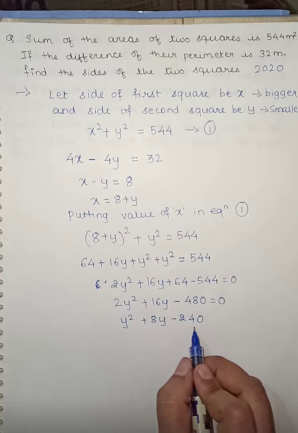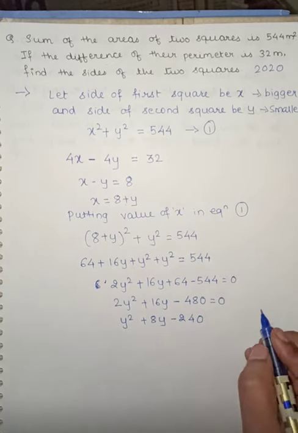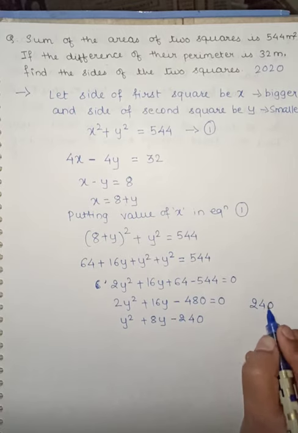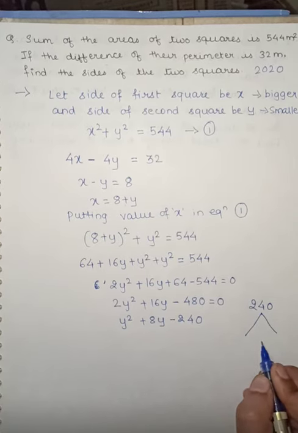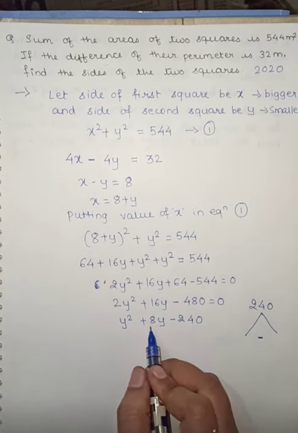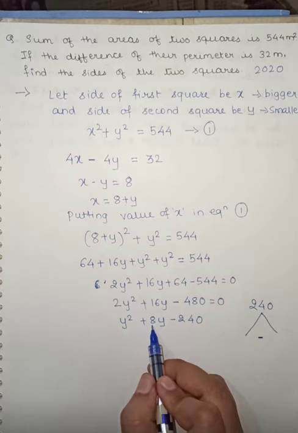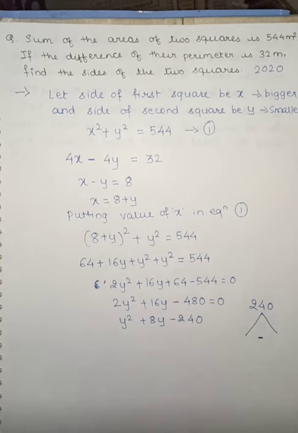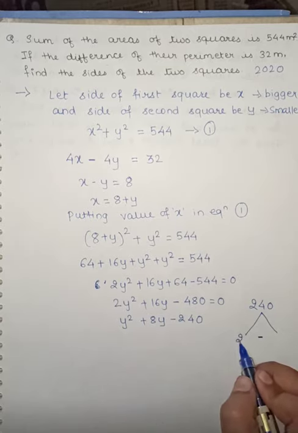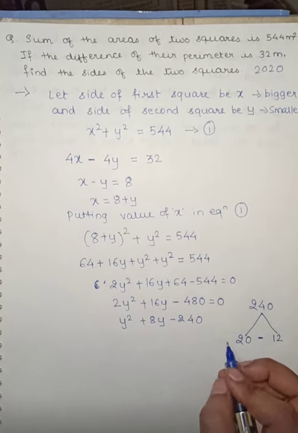Now find the factors of 240 such that their subtraction is 8. The greater number has to be plus because the middle term has a plus sign. So the factors are 20 and 12, because 20 minus 12 gives me 8 and 20 into 12 gives me 240.